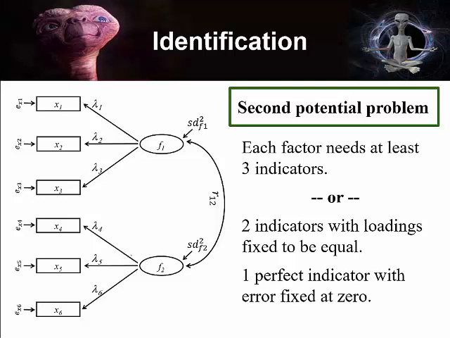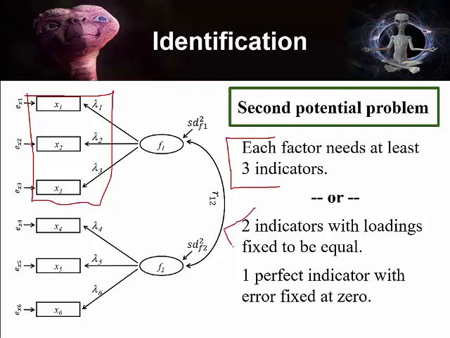And it turns out that what we need is essentially at least 3 indicators. So if I have a questionnaire with at least 3 items on it, that will work, 3, 4, 5, 6, or any number. But if it's less than 3, then we start having issues here. So if you have at least 3 indicators, then that addresses this issue of needing enough indicators for our factor. If you have fewer than 3 indicators, we have a couple options.